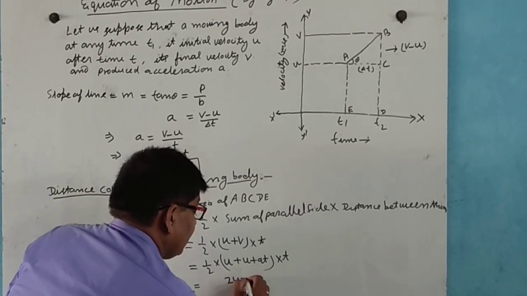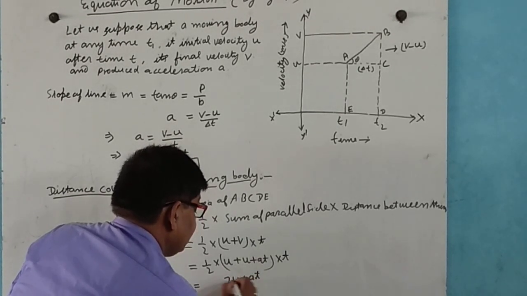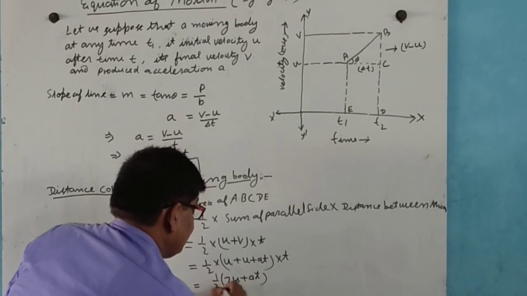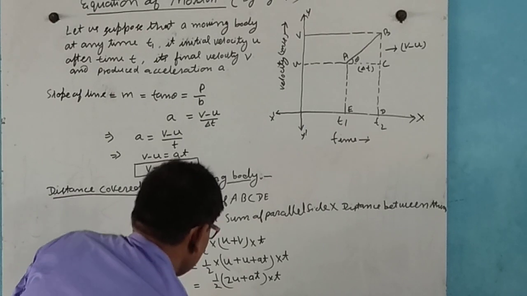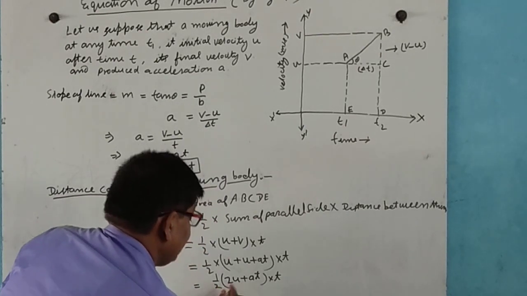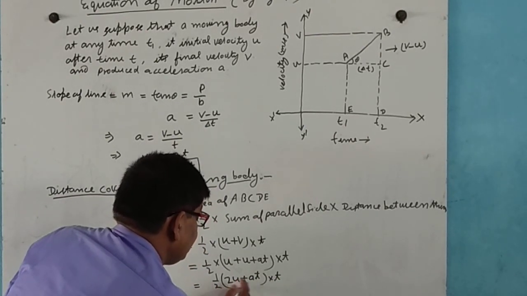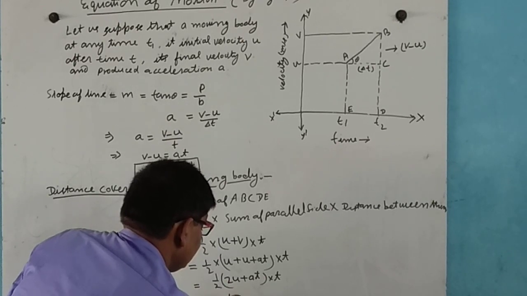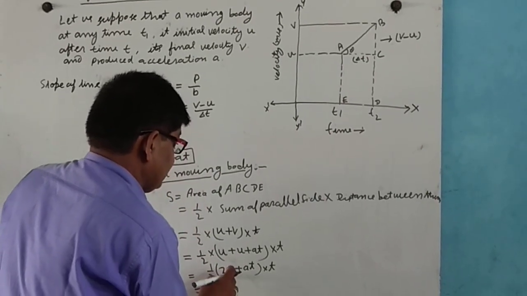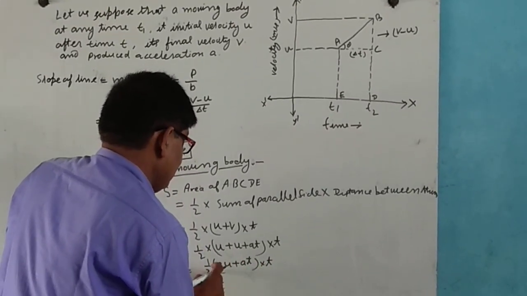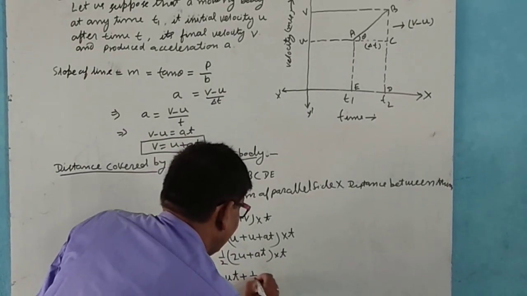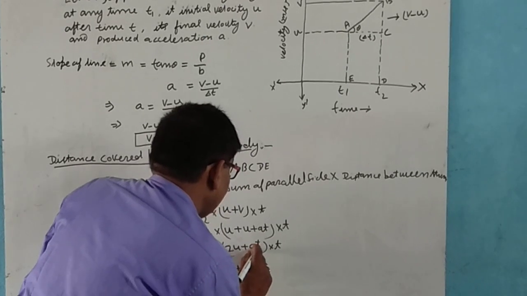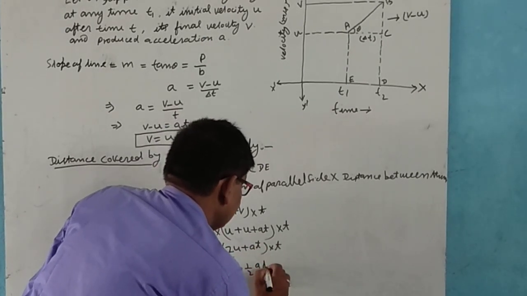2u plus at, here half into t. Now this time here 1 by 2, here t, ut, 2 and 2 cancel, ut and here half plus ut plus half a t square.